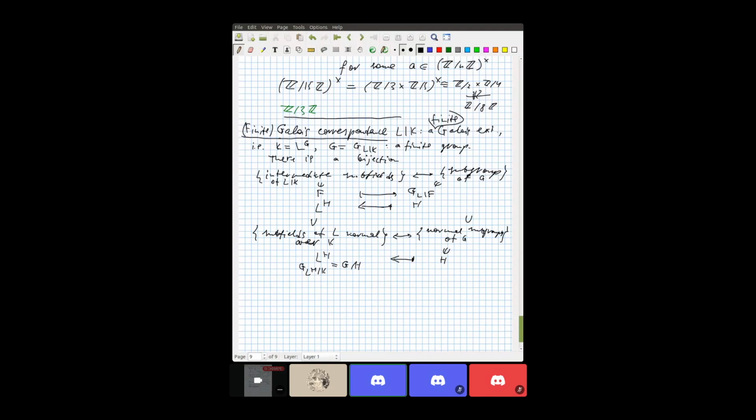In our case, normal is the same as Galois extension.